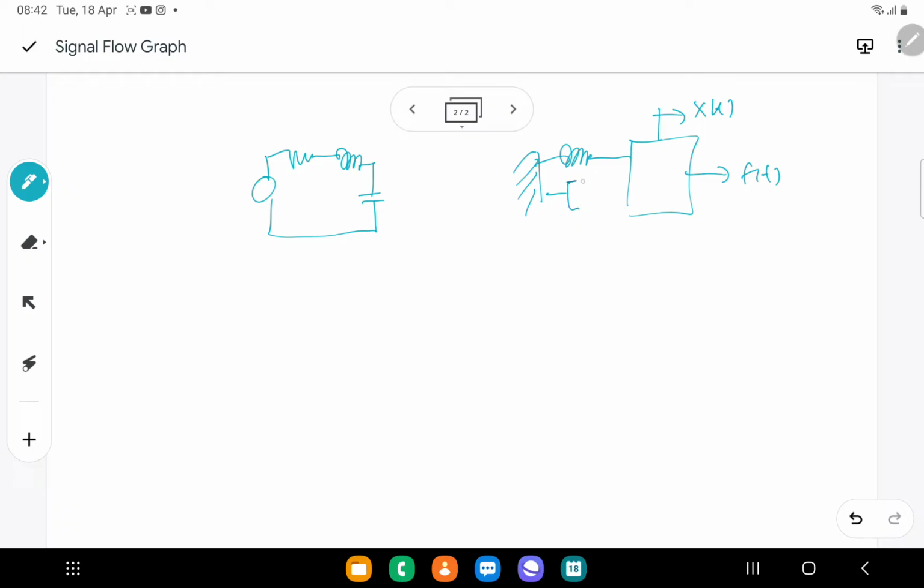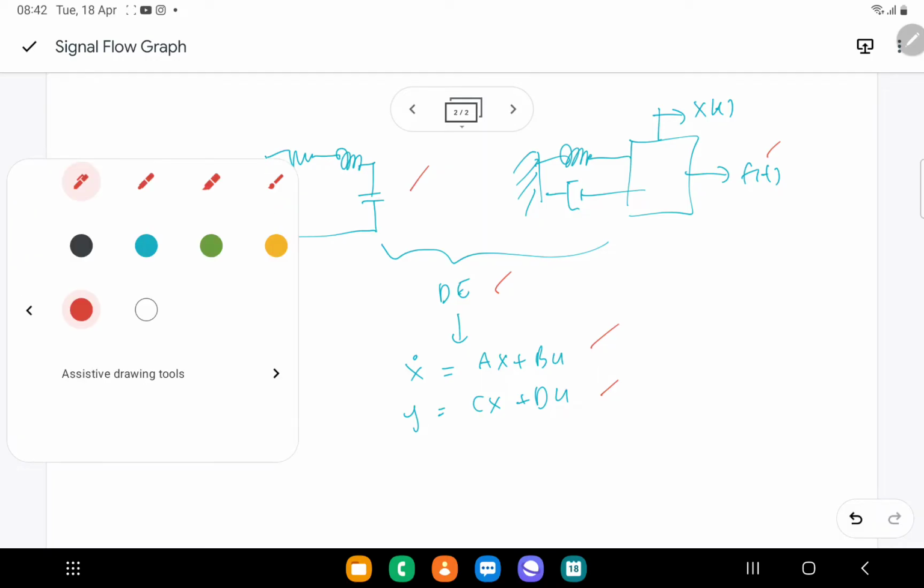Then you have the damper, and after that you convert to the differential equation, and after that you construct the state space equation. So this is what we already had, and check.